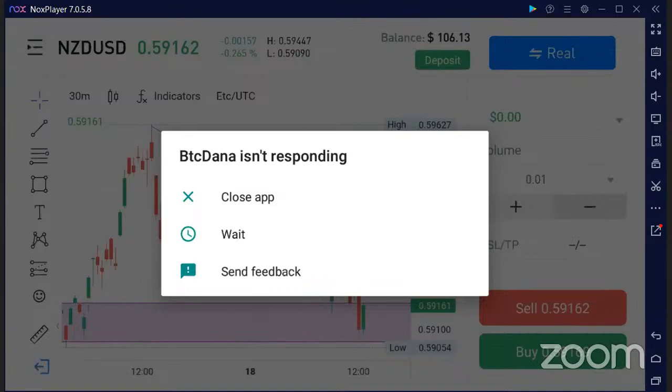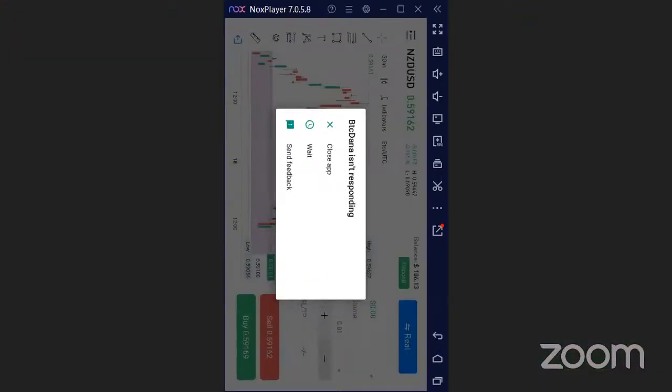Okay, so I see somebody is asking what the rejection candle looks like. Let me try and show you what the rejection candle looks like.